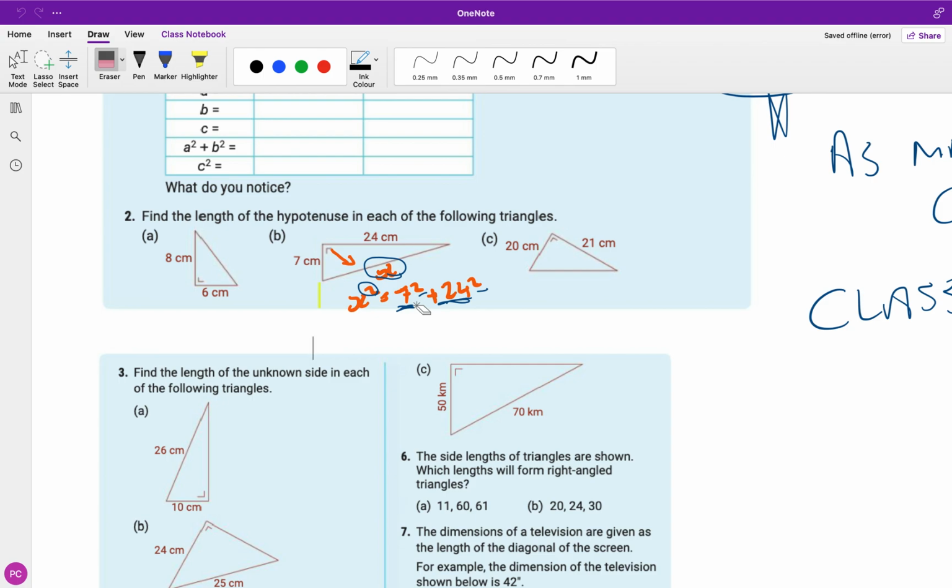For part C here, here's your hypotenuse. Call it X again, call it H, call it whatever you like. But it's going to be the hypotenuse squared is equal to one side squared plus the other side squared, like so. And you're going to work out X then every time.